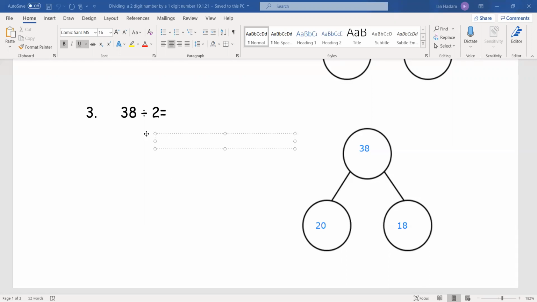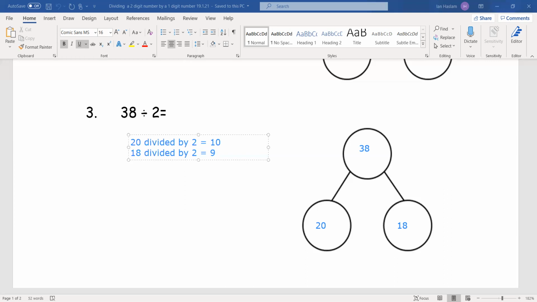This is where we really need to know our tables, isn't it, Keller class, to help us with this. So 20 divided by 2 equals, let's check, but we know it's 10. Let's just check though. 2, 4, 6, 8, 10, 12, 14, 16, 18, 20, 10. Perfect. Then 18 divided by 2 equals 9.